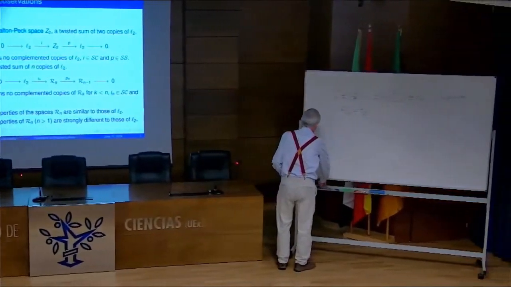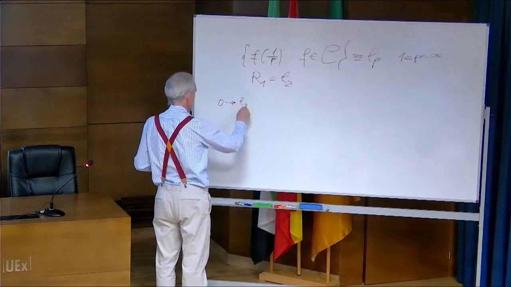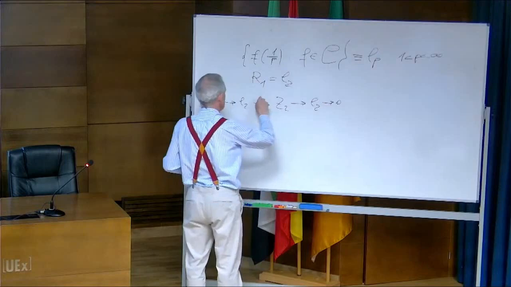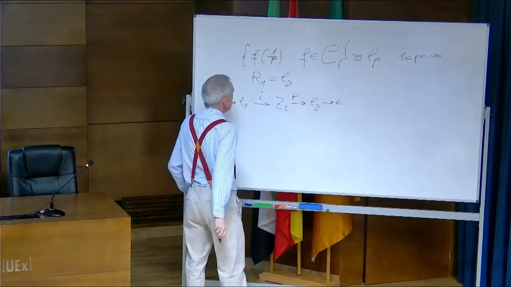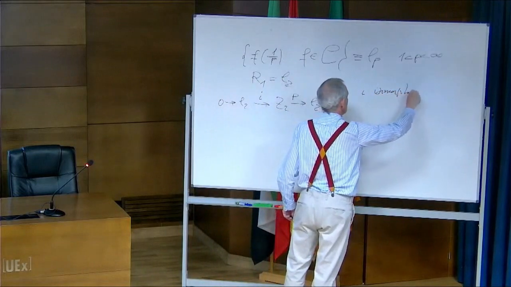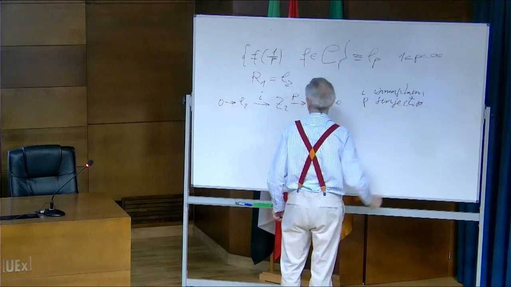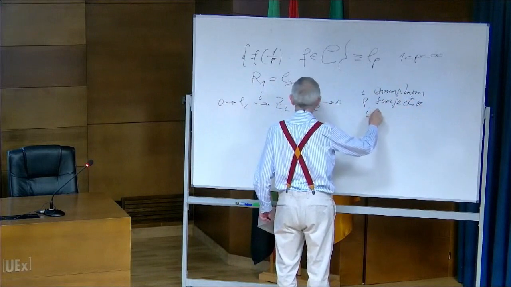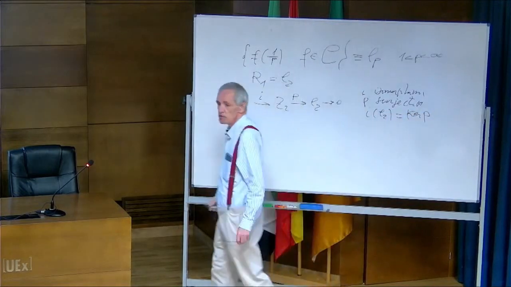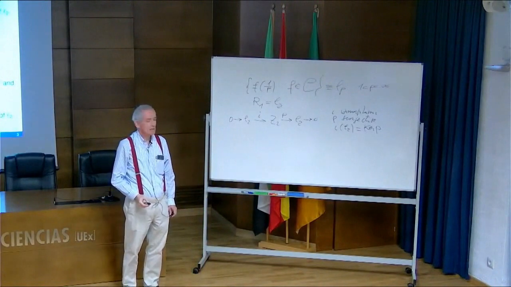Well, here we consider an exact sequence in which i is an isomorphism, p is a surjective operator, and the image of i is equal to the kernel of p. This is the notion of exact sequence.